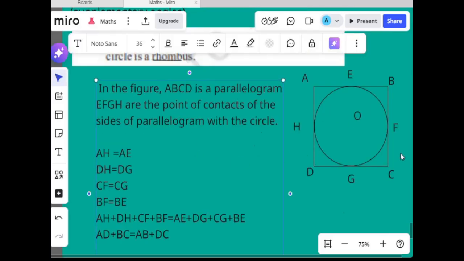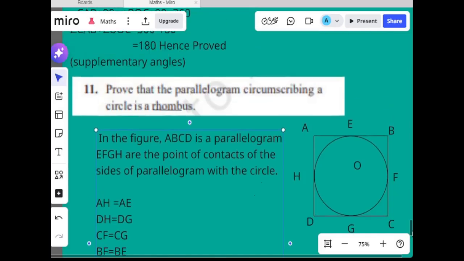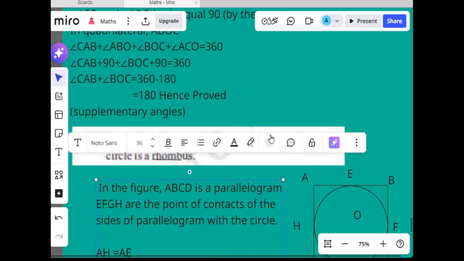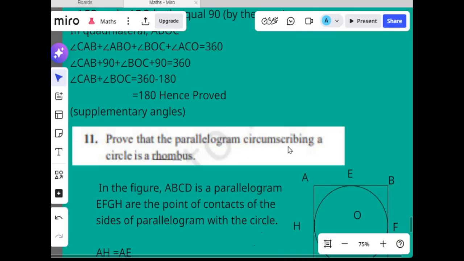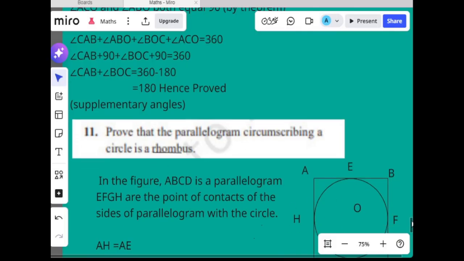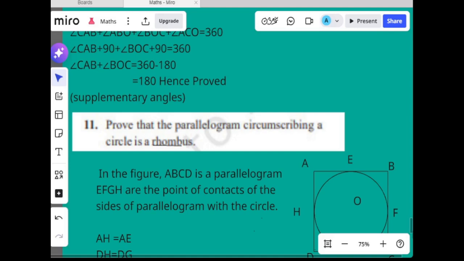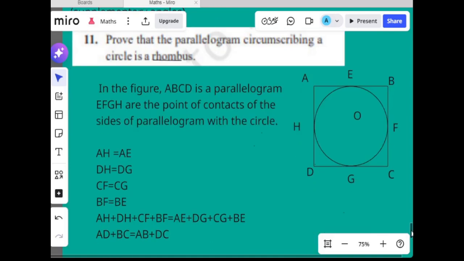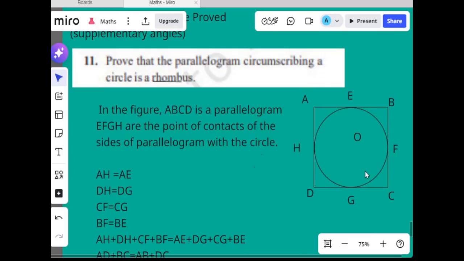So in this question, we are asked to prove that if a parallelogram circumscribes a circle, then it is a rhombus. That means we need to prove that the four sides of this parallelogram are all equal.